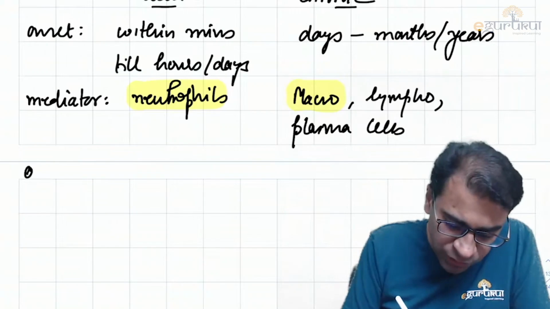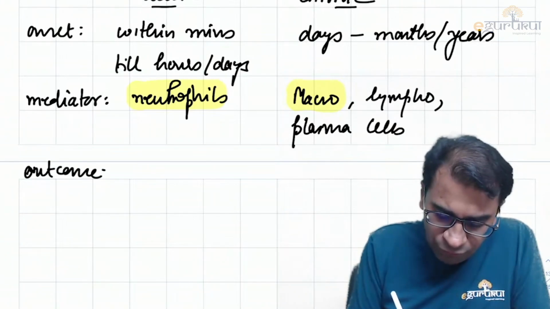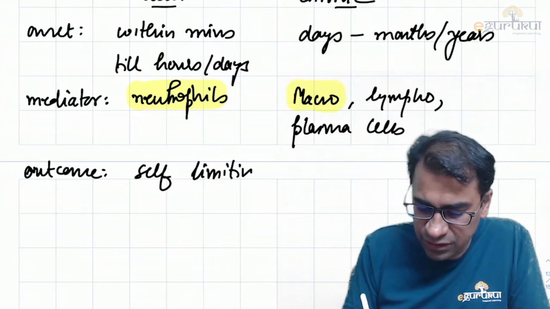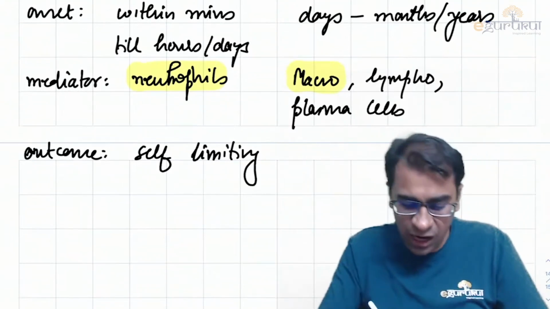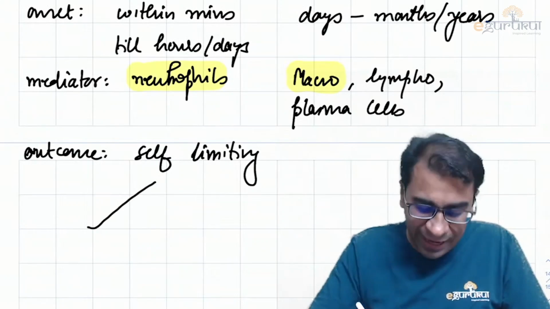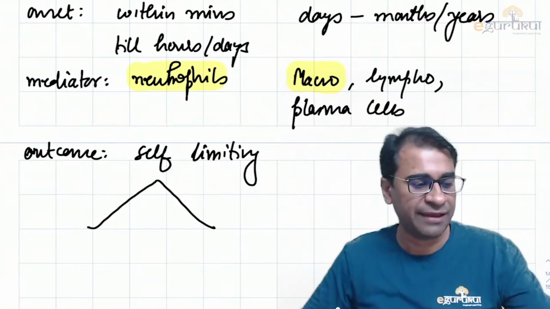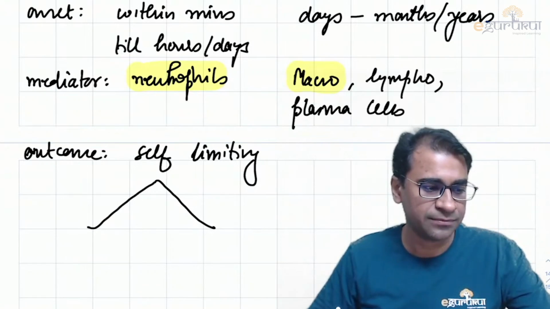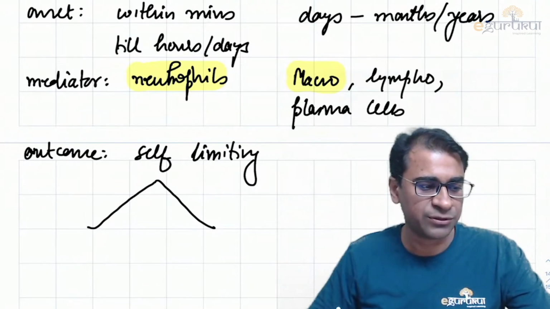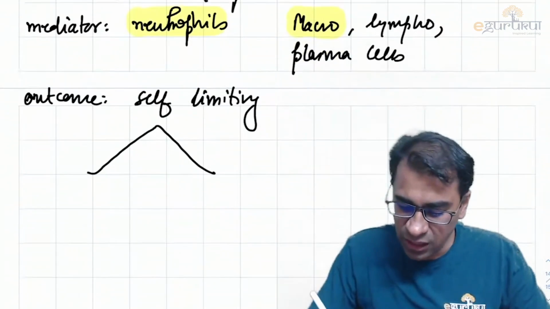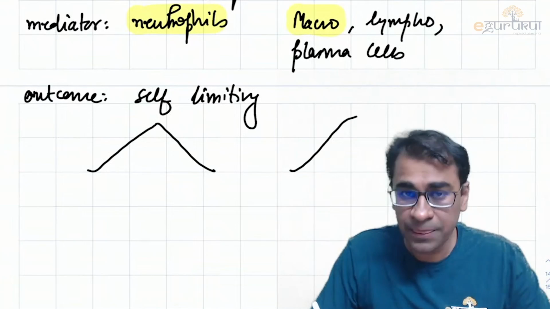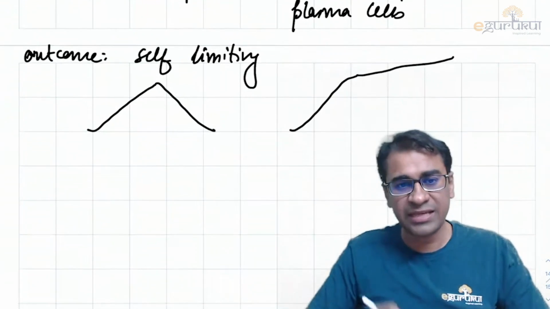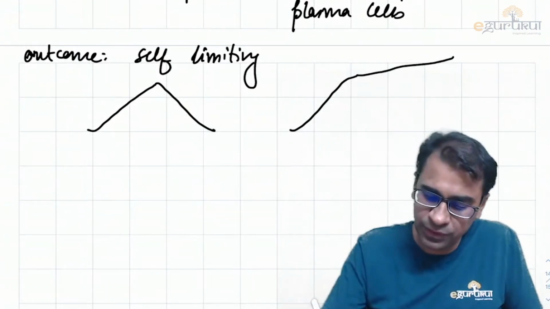Now, the outcome of acute inflammation is a self-limiting condition. This is very important. The moment inflammation starts, it must also stop. Whereas chronic inflammation starts and keeps on progressing. That means self-limiting is acute.